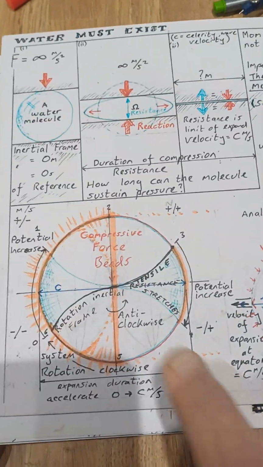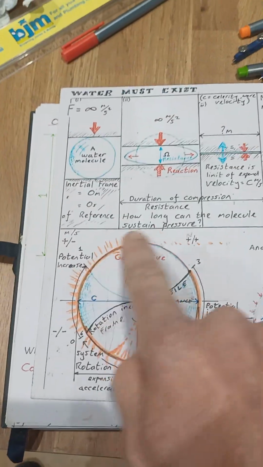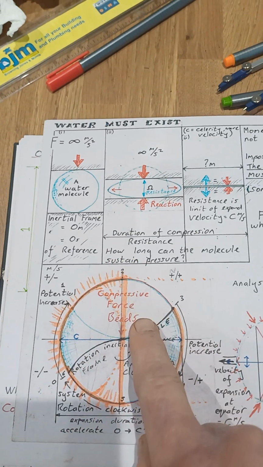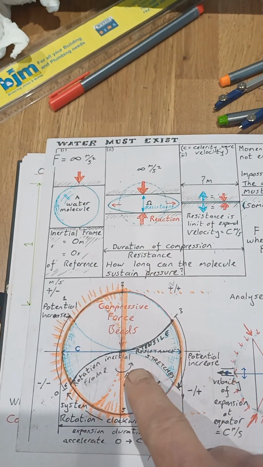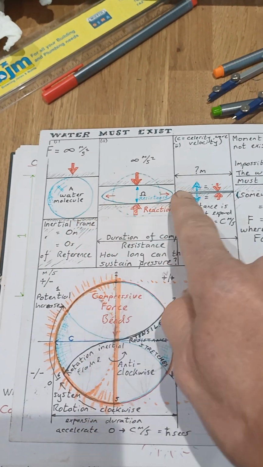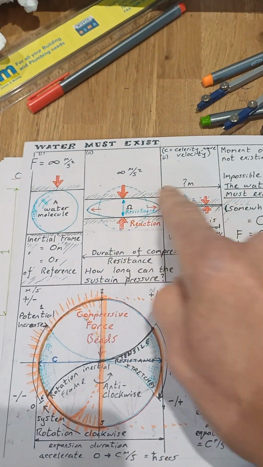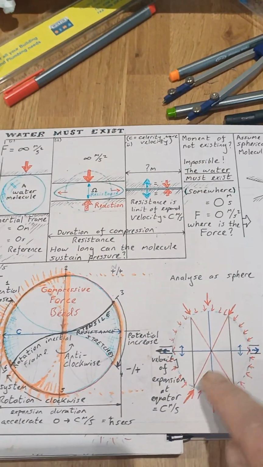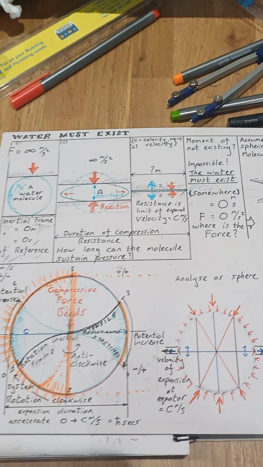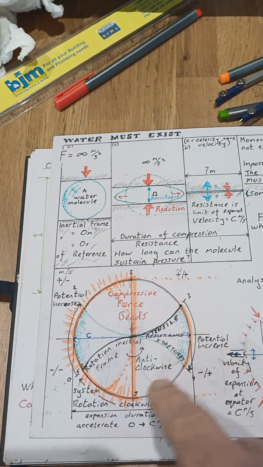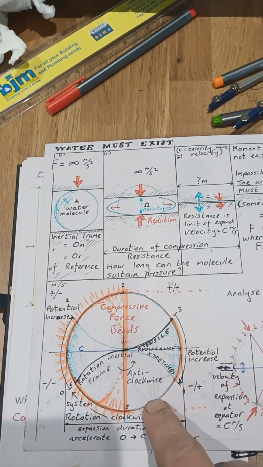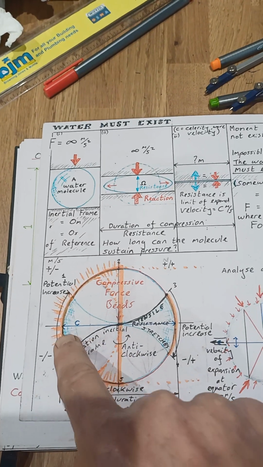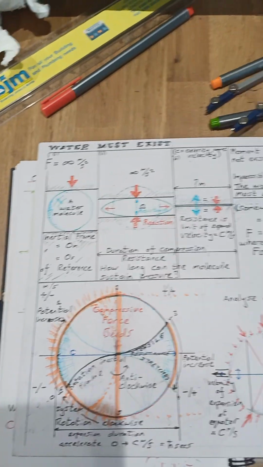So I finished off yesterday with this diagram showing that a water molecule, which sustains these forces, if it continues to exist, can take this balance of force shape. I talked about light appearing here. I teased you.